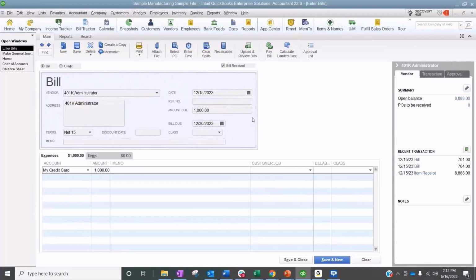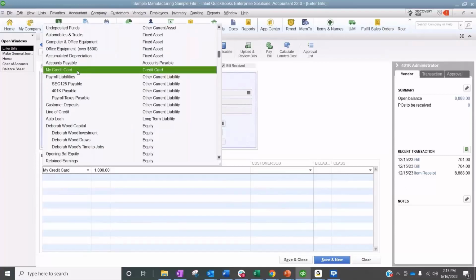One is going up, bill accounts payable is going up, and at the same time, my other liability is going down, because I'm paying off my credit card by entering this bill in the system, or I'm moving the balance out of my credit card into my accounts payable. Even though it is a liability, which has a natural credit balance, in this case I'm trying to lower the liability by putting the bill in.